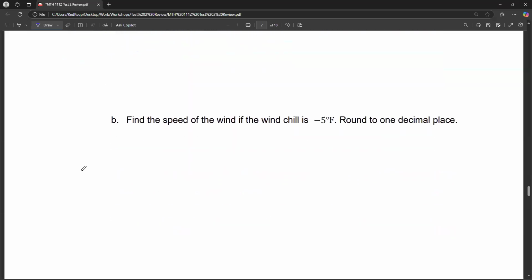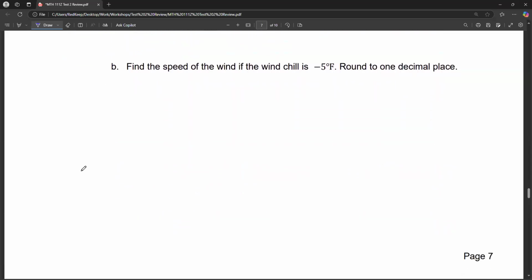Okay, so part B, instead of a wind speed, they give us a wind chill. They say the wind chill is negative 5 degrees, and what is the speed in miles per hour? Our equation from before was that C of x was equal to 18.9 minus 7 times the natural log of x.